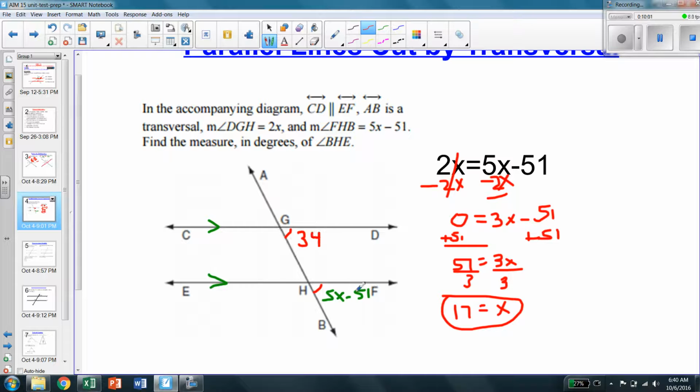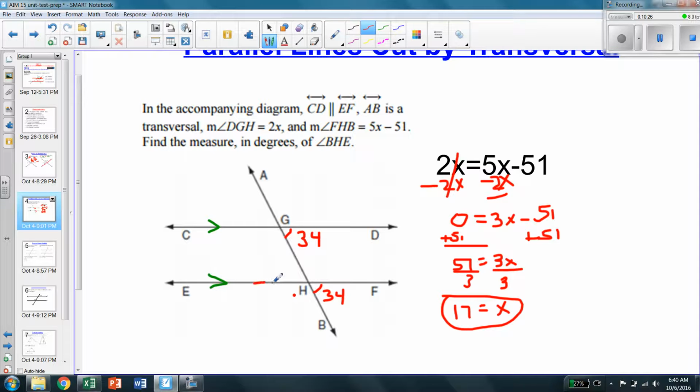But if these ones are congruent, well, shouldn't this other one be 34 degrees also? So I'm just going to erase all that other stuff, and I'm going to write in 34. I could have plugged 17 into that expression here, 5 times 17 minus 51, and I would have gotten 34 also, same thing.